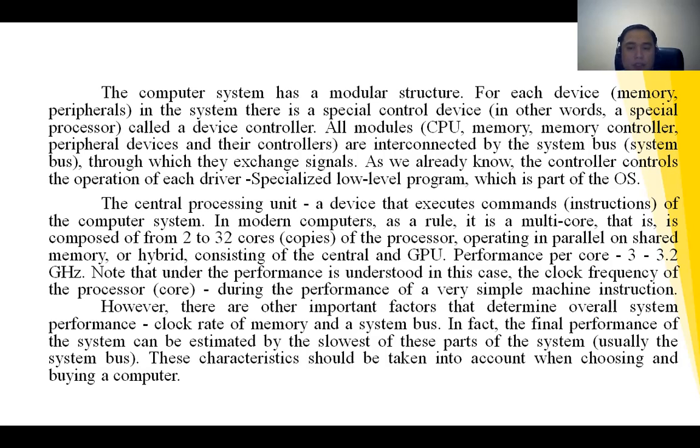In fact, the final performance of the system can be estimated by the slowest of these parts of the system, usually the system bus. These characteristics should be taken into account when choosing and buying a computer.